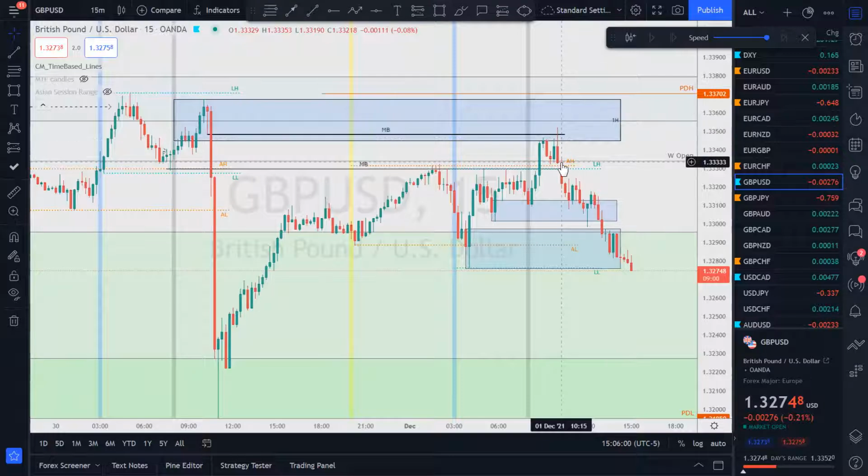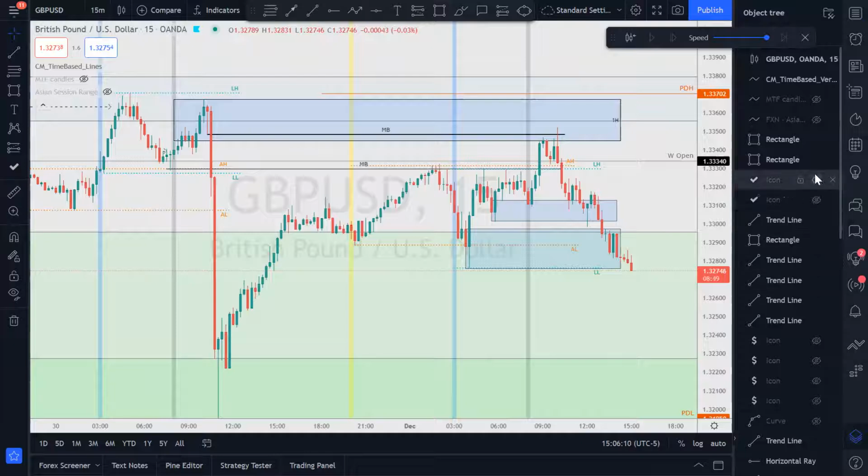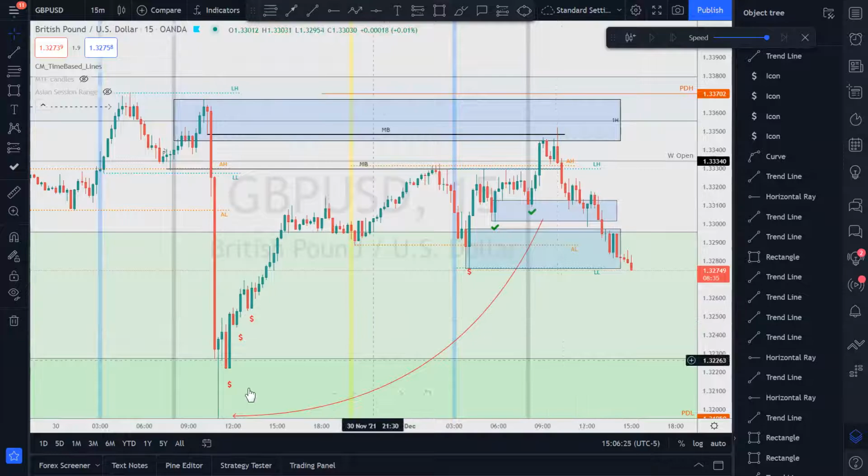And some people did and reaped the benefits of it. I had the markup. I had a lot of notes about how price was going to claim all of this liquidity, because once you know where the liquidity is, this is all internal liquidity down here.